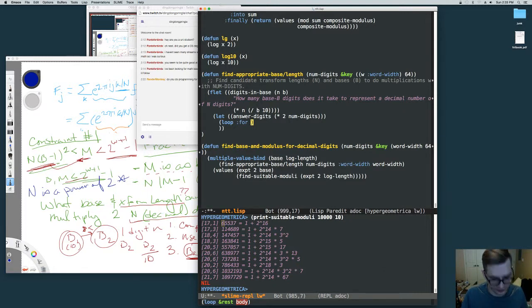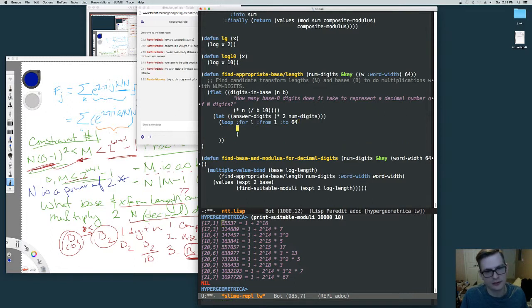So if n is 2 to the L, so for L from 1 to whatever our word size is, so to 64, I guess. So we need to ensure that... how do we say this? Let's calculate for n equals expt 2 to the L.